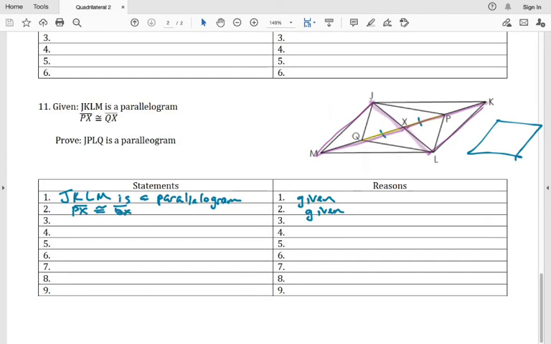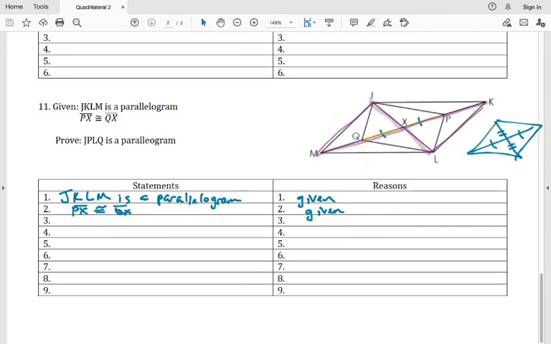Actually, I said that wrong. I'm going to try to prove that those two triangles are congruent to each other so that then I can prove that the diagonals end up bisecting each other. This is my goal this time, to get this marked in this picture. So I'm wanting to get that this is congruent to this part right here. And those would be parts of those two triangles that are congruent, which is why I'm trying to figure that out.